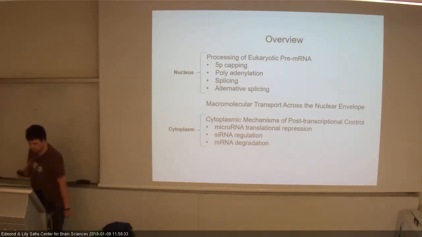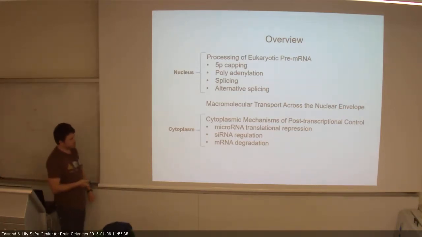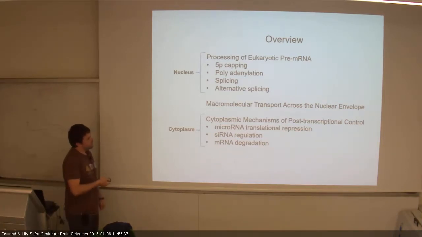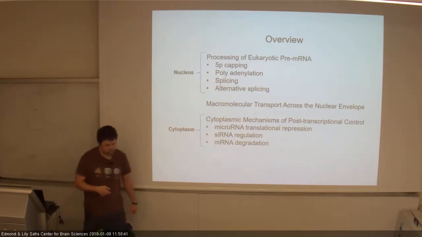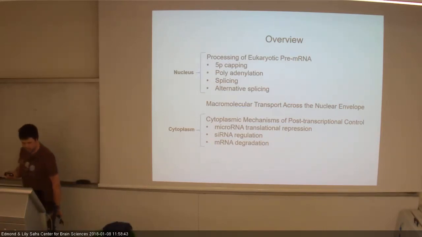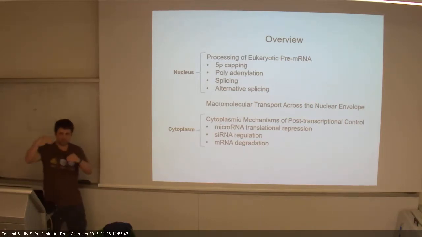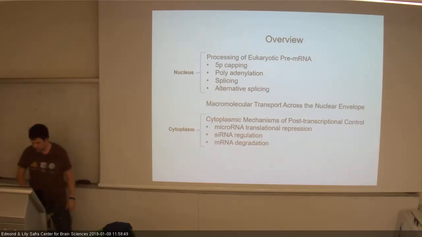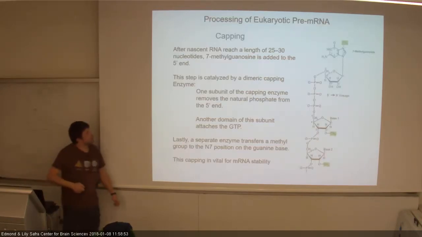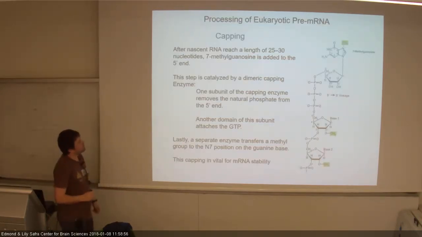This is more recent and new stuff, including microRNA translation repression, siRNA regulation, and finally mRNA degradation, all of which have levels of regulation inside the cell. So we'll start from the beginning.